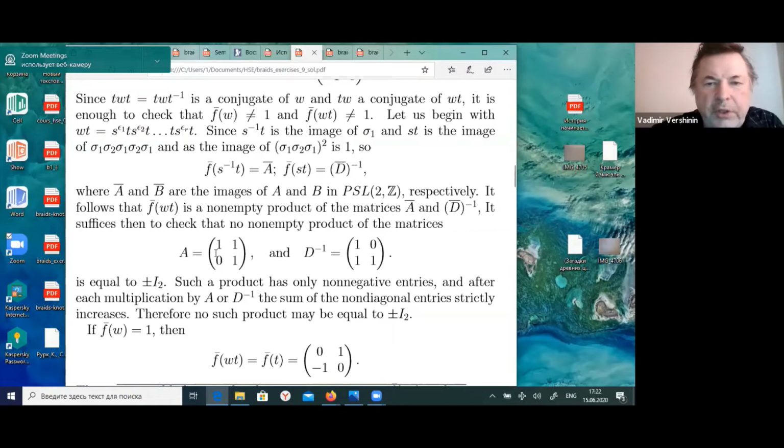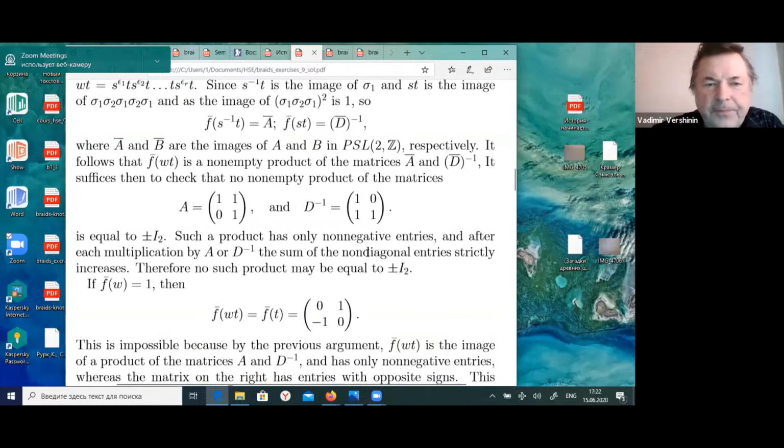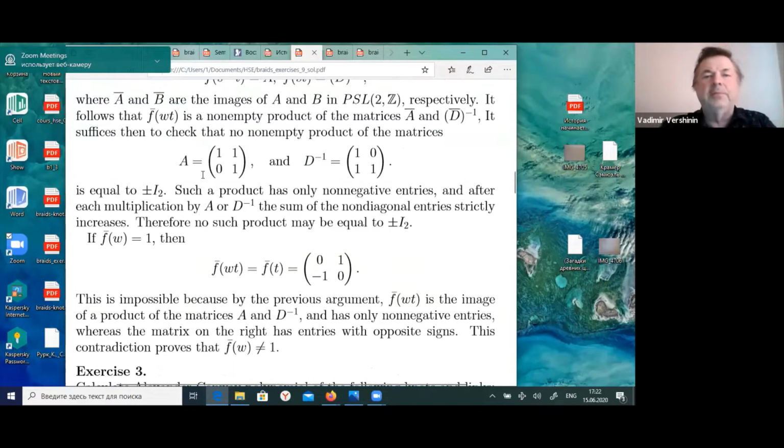So we can now consider the product; of course, it will never be negative, but even more, we can look at what happens after multiplication of these matrices with natural numbers.